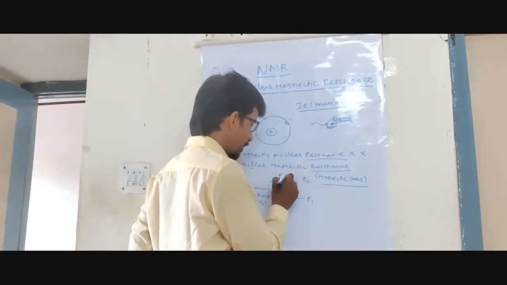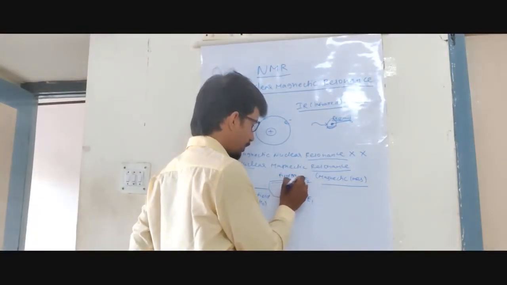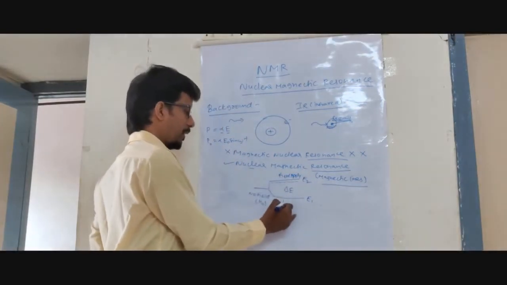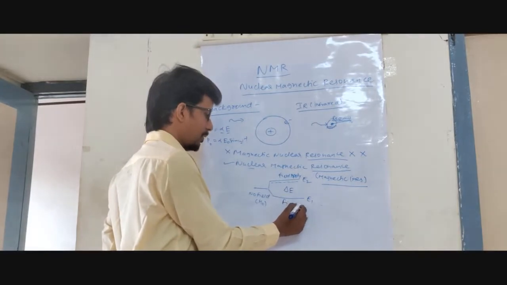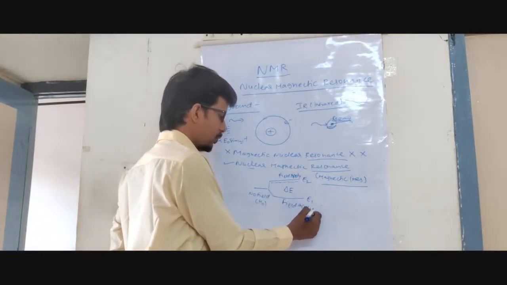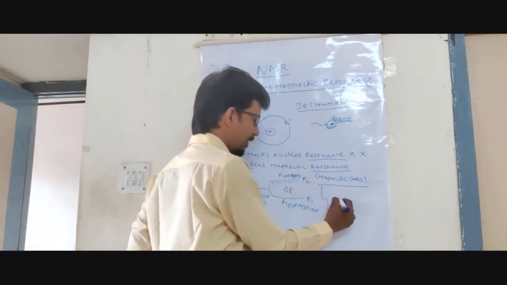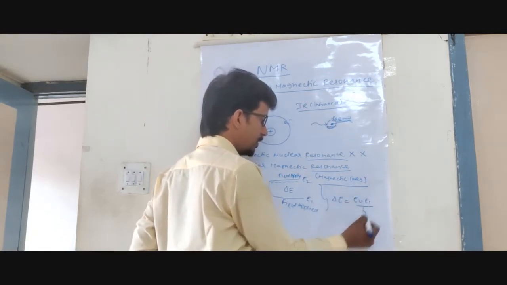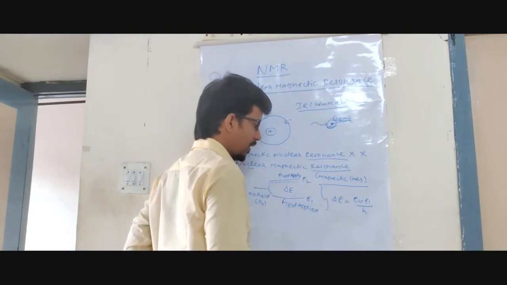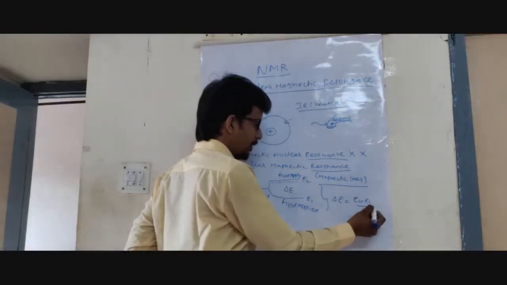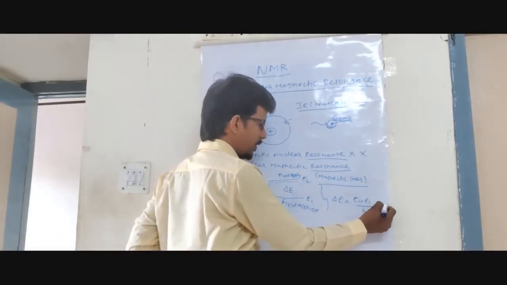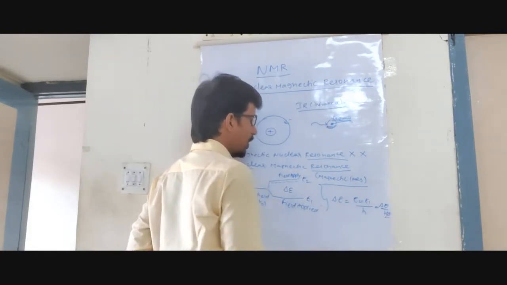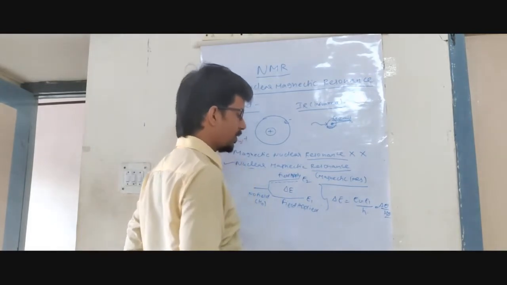Here the field is applied. So for these two lines, delta E is equal to E2 minus E1, divided by h. Understand? The difference between E2 and E1 is delta E. This is the difference we will discuss.